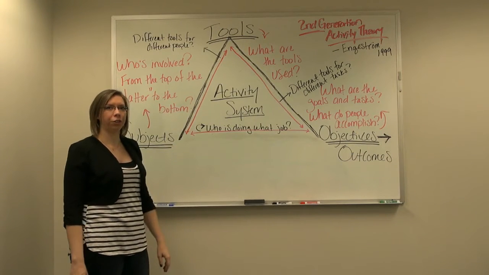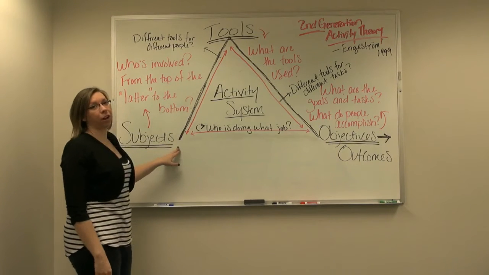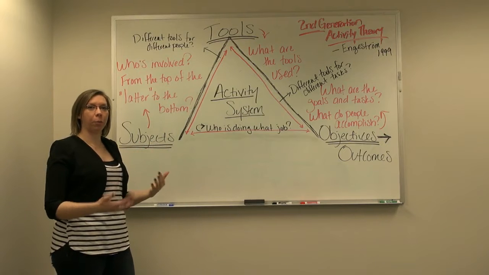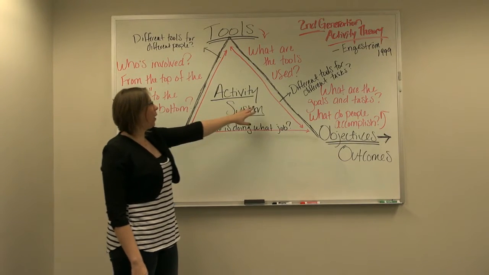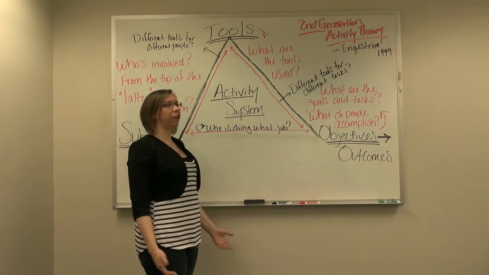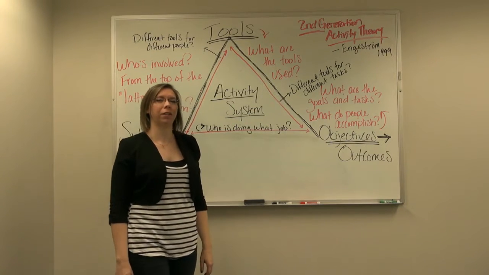Who is doing what job? Between the subjects and the tools, we could ask, are there different tools for different people that operate within this activity system? And finally, connecting tools and objectives together, are there different tools for different jobs within the same activity system? The answer is probably yes, so we're going to take a look at all those.